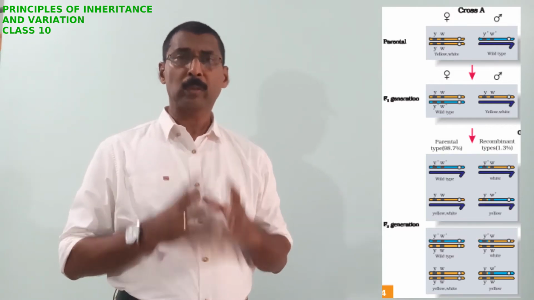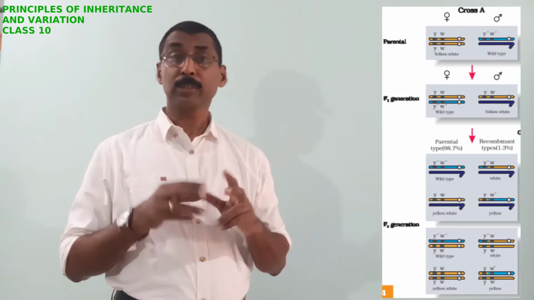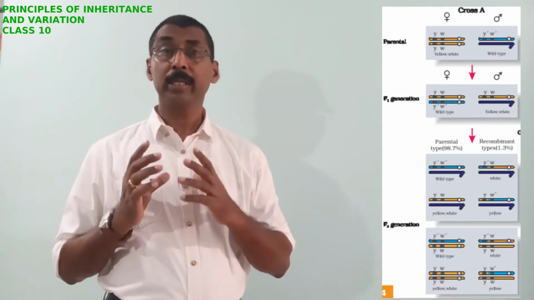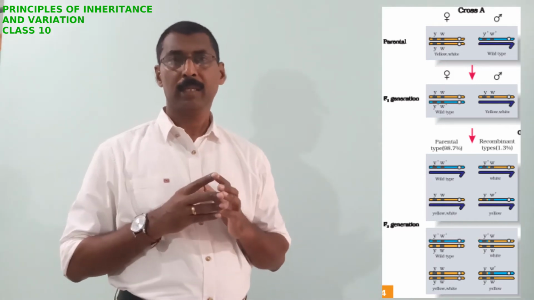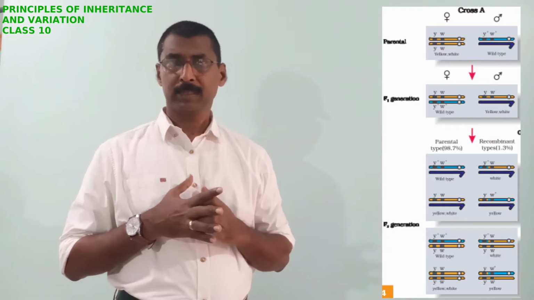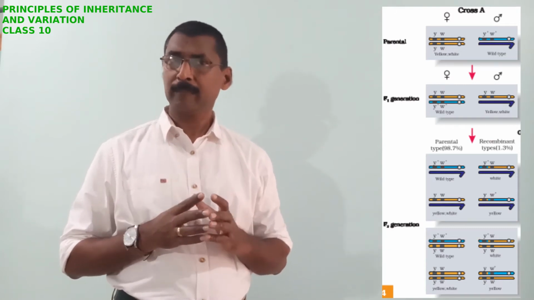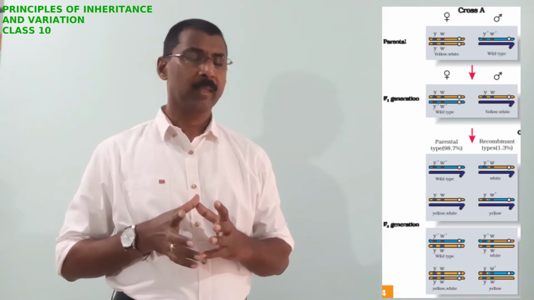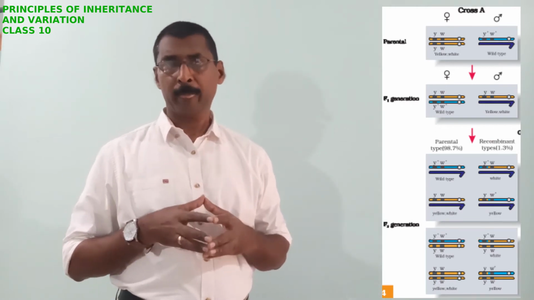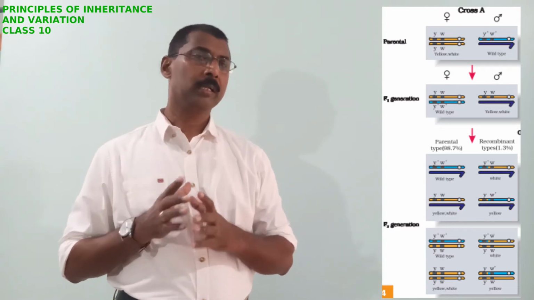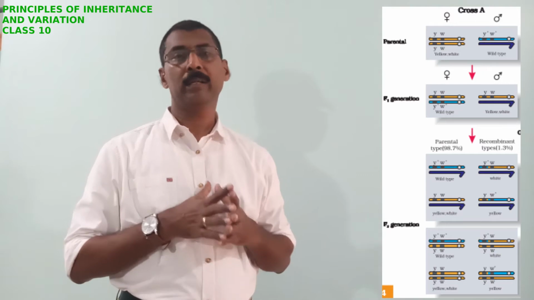In that dihybrid cross, he used two characters: body color and eye color. As far as body color is concerned, two traits are there: yellow body color and brown body color. As far as eye color is concerned, white eye colored individuals and red eye colored individuals are there.